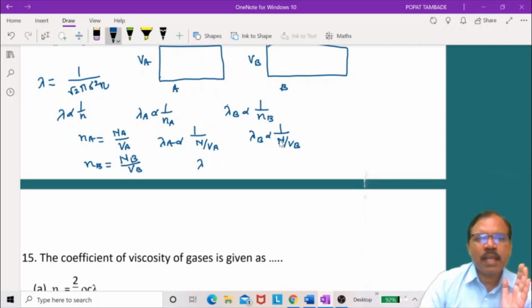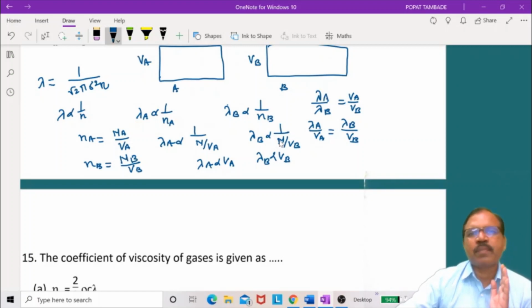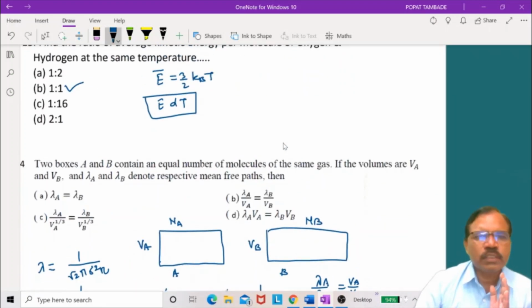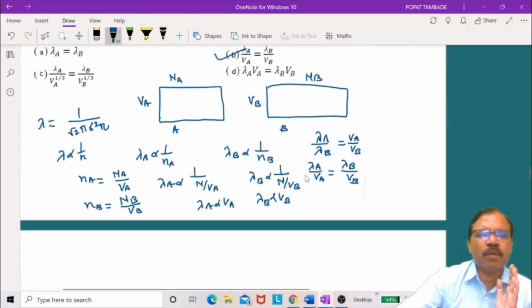So lambda A is proportional to Va, lambda B is proportional to Vb, and if we calculate this, lambda A upon lambda B will be equal to Va upon Vb. Or we can write lambda A upon Va will be equal to lambda B upon Vb. So this second one is correct.